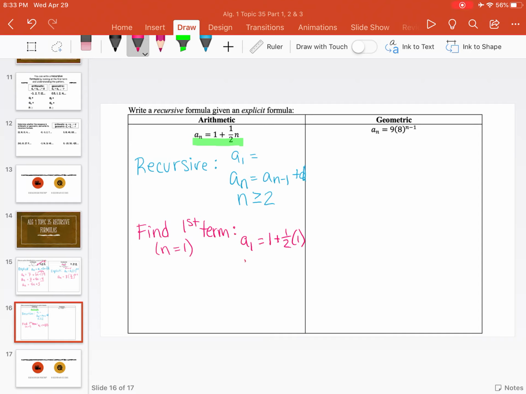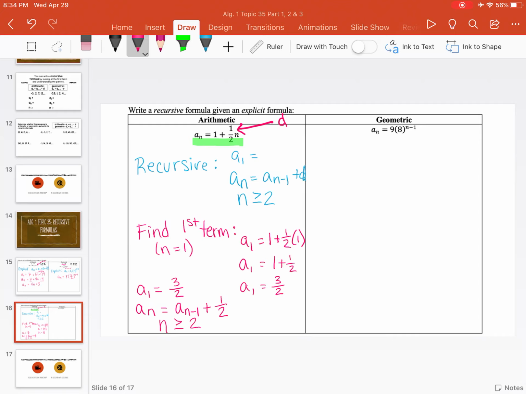Now I can simplify. A sub 1 equals 1 plus 1/2. So a sub 1 is going to be 3/2. So when writing my recursive formula, I know that the first term is 3/2. When I'm identifying my pattern, I'm going to have a sub n equals a sub n minus 1 plus my common difference. Now my common difference is this 1/2 right here. So all I'm going to need to do is just add 1/2. And this applies for when n is greater than or equal to 2.